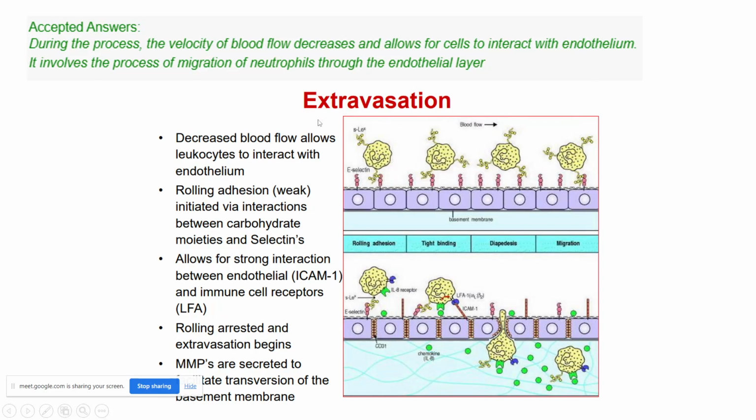So extravasation is basically the decreased blood flow, which allows leukocytes to interact with the endothelium, and via rolling adhesion initiated by the interactions between the carbohydrate moieties and selectins, it allows for strong interaction between the ICAM1 and immune cell receptors. And then the rolling is arrested and extravasation begins.